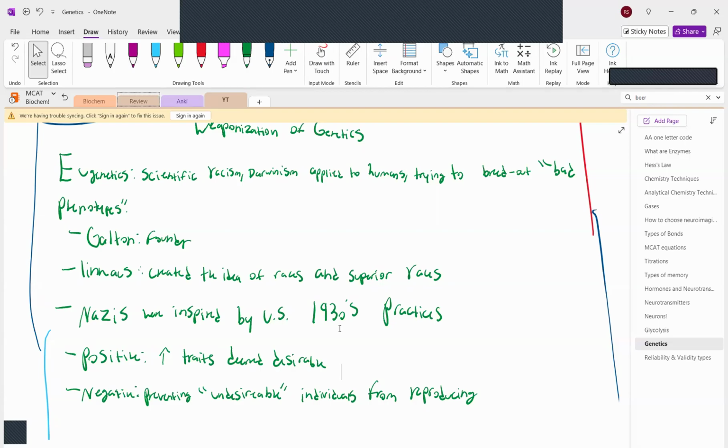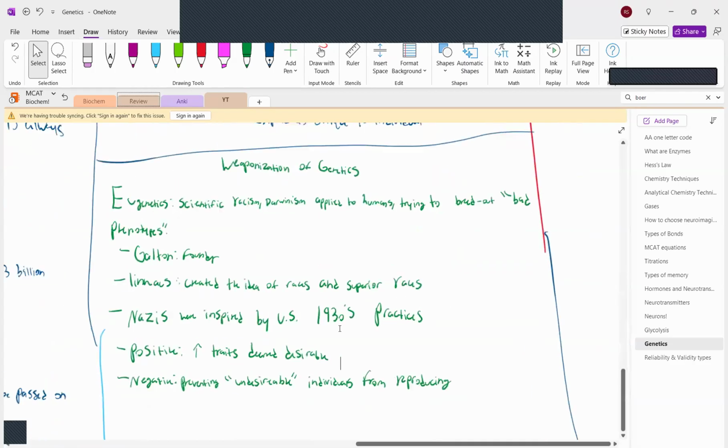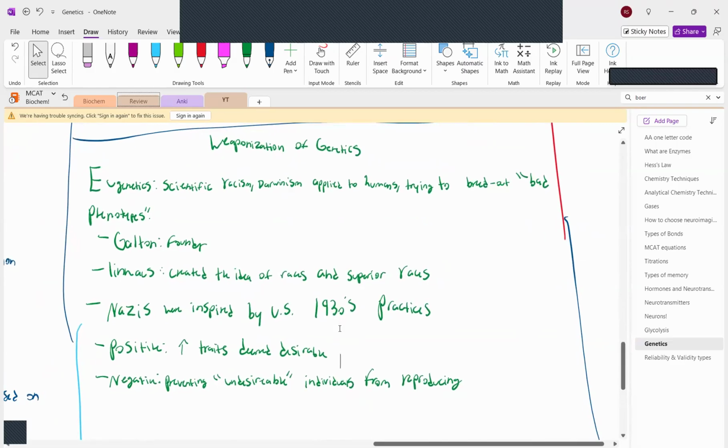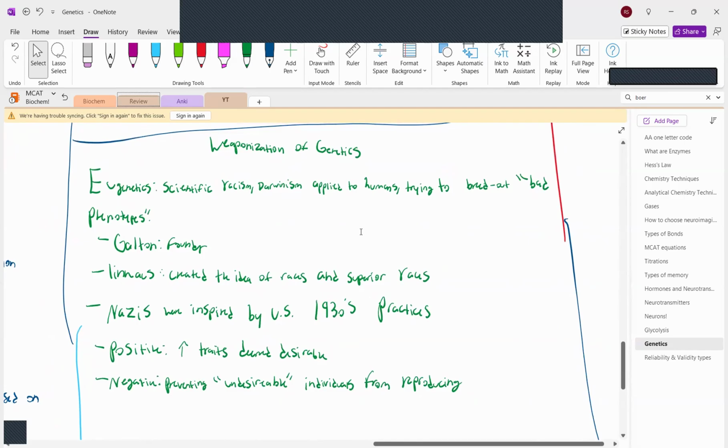So it's kind of crazy to think about that wasn't even 100 years ago, which is why history is so important when you're considering biology. We're always thinking about moving forward and having better practices, but it's also really important to consider the implications of our testing and how it could be weaponized.